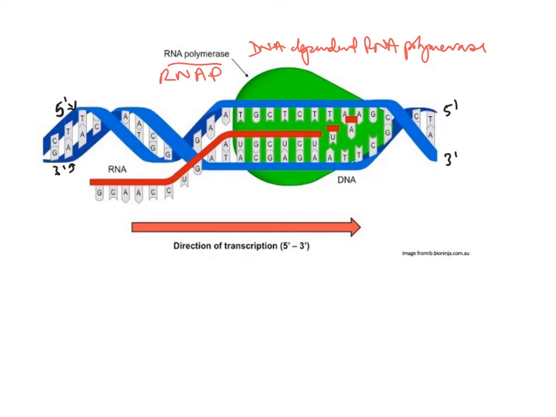So for transcription to occur, RNA polymerase must associate with the DNA, melt or unwind the two strands, and then synthesize an RNA copy of just one of the DNA strands.